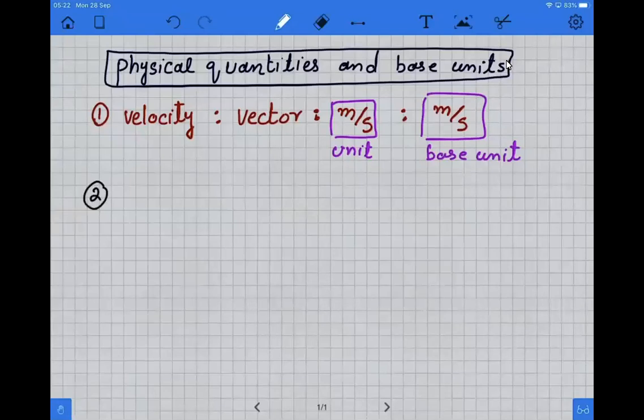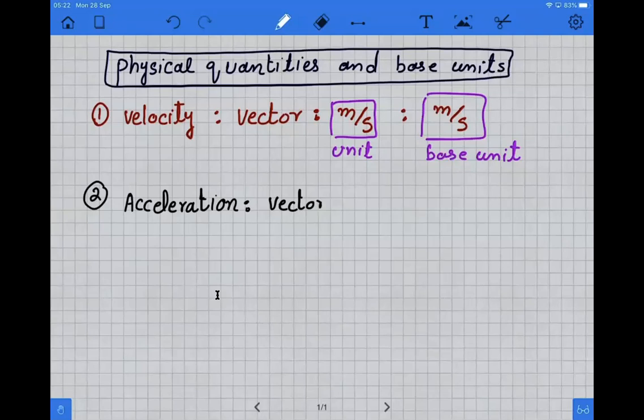Now the next quantity that we have to cover is acceleration. The second quantity is acceleration. Acceleration is also a vector.